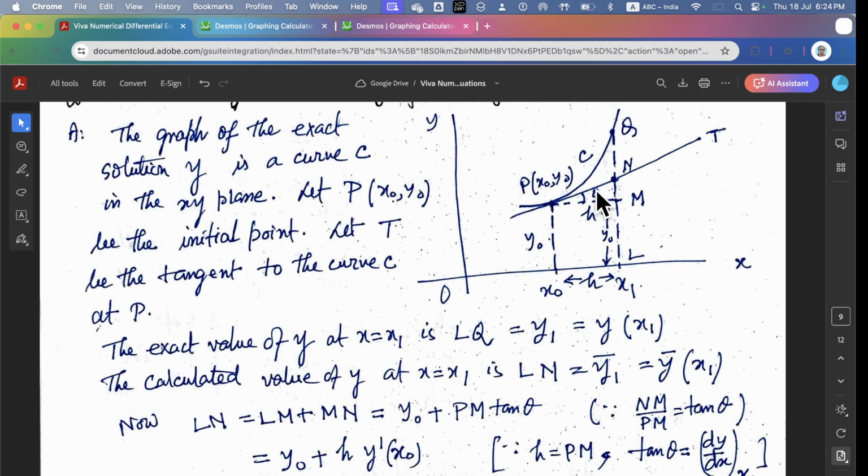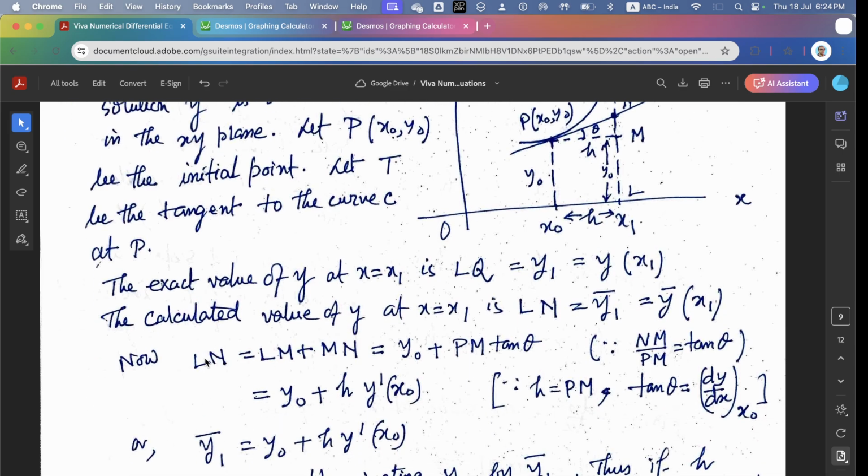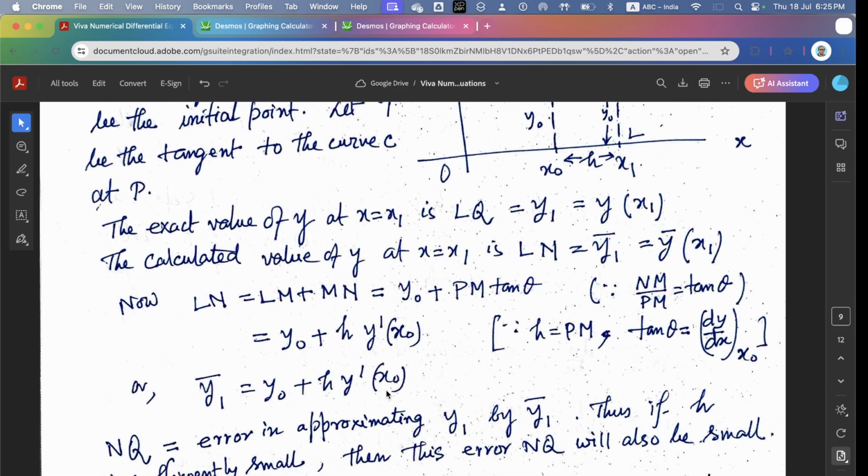So tan theta equal to dy/dx at the point x0, that is y dash x0, and PM equal to h, the step length. So y1 bar, the computed value of y1, is equal to y0 plus h into y dash x0, and this is the Euler formula for the point x1.